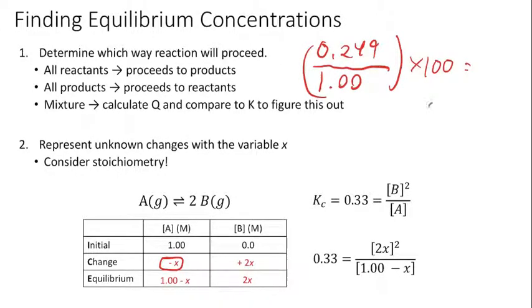In our case, that comes out to 24.9%. If this value is less than 5, you can ignore that x for the reactant. Unfortunately, as you can see in this case, we couldn't do that because our value is 24.9.